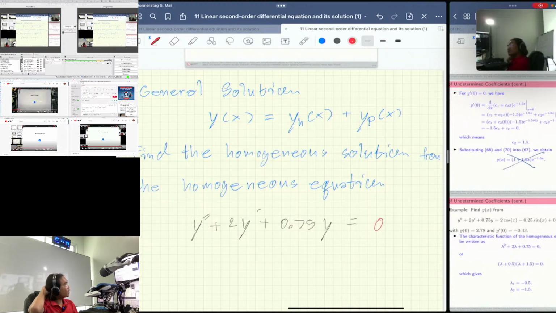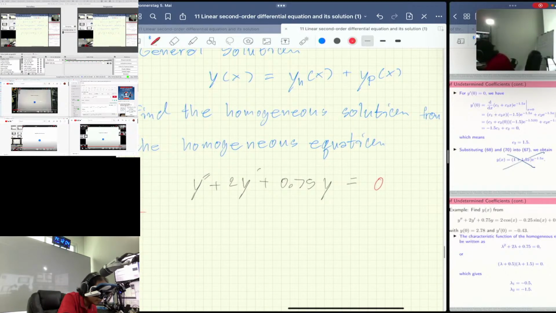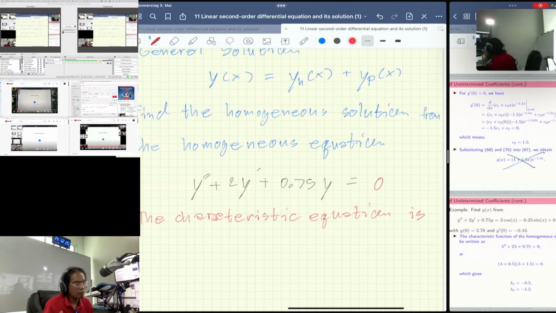All right, so would you please tell me what is the characteristic equation from this one?